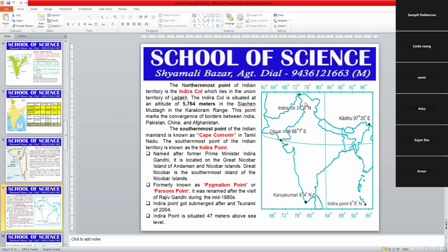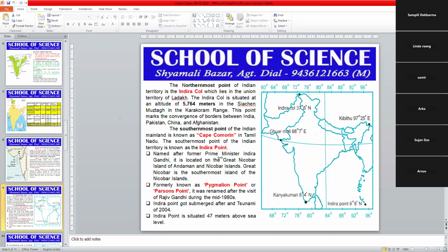The Indian territory extends from Indira Col to what? Indira Point. I'm repeating once again, our extension from north to south is from Indira Col to Indira Point. Fine.